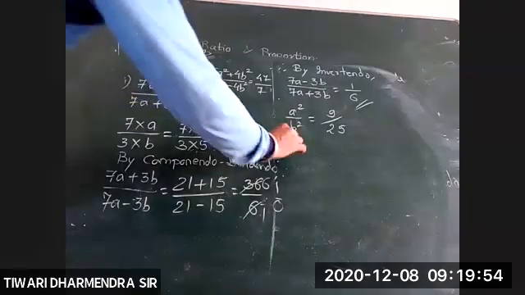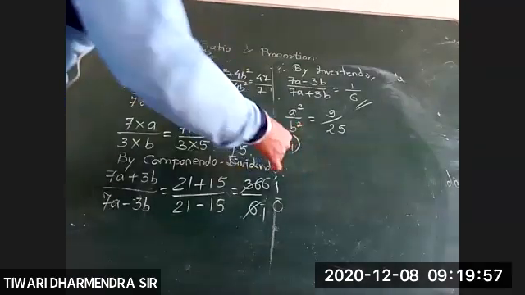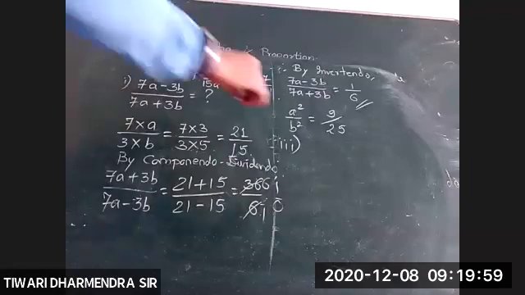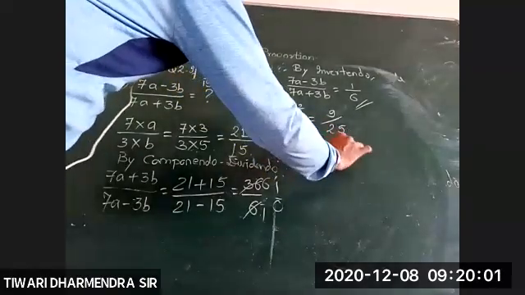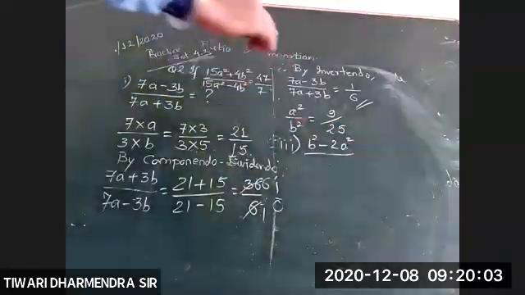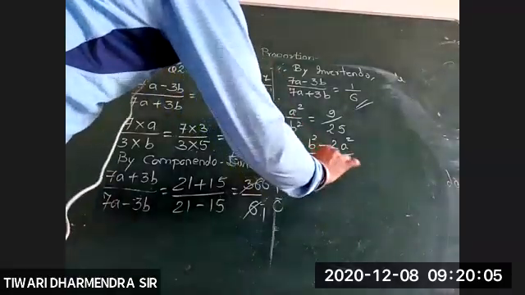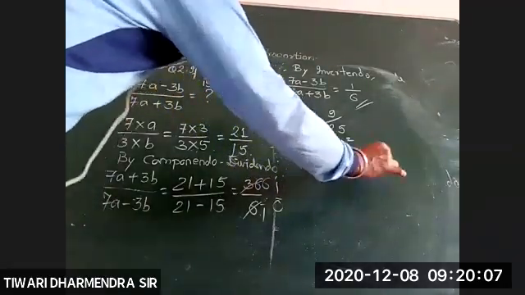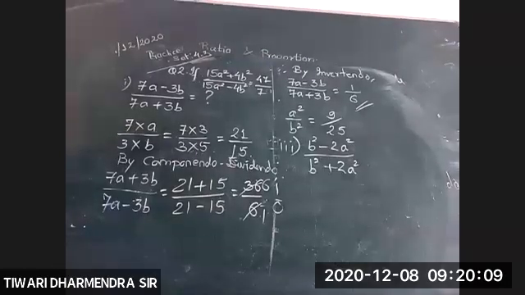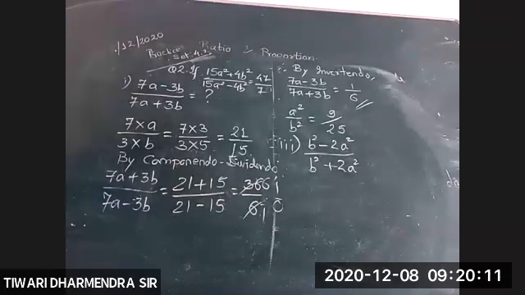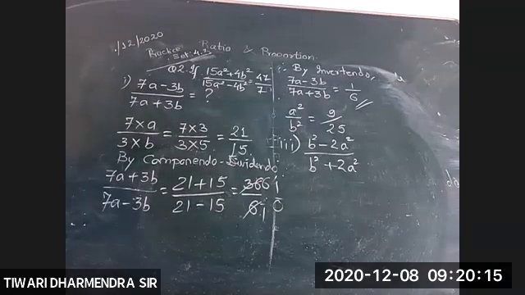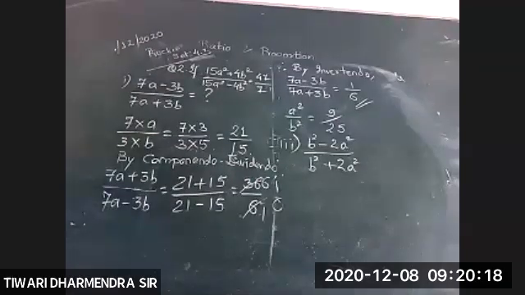Now see, in the third part, they are asking us to find the value of (b square minus 2a square) upon (b square plus 2a square). So we can see b square first and after that a square.